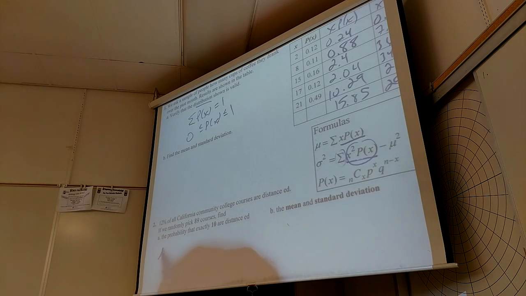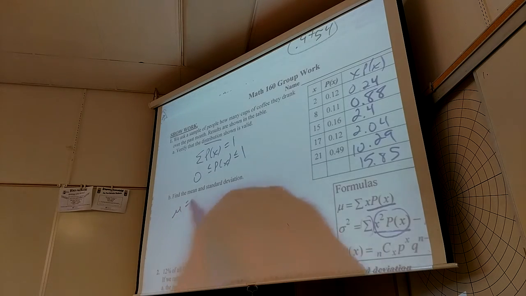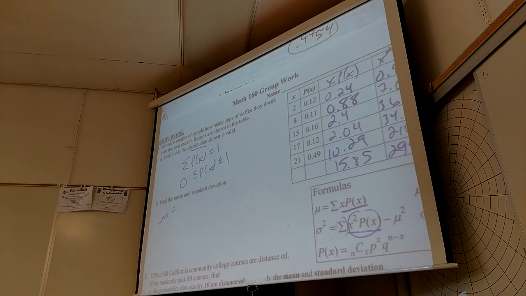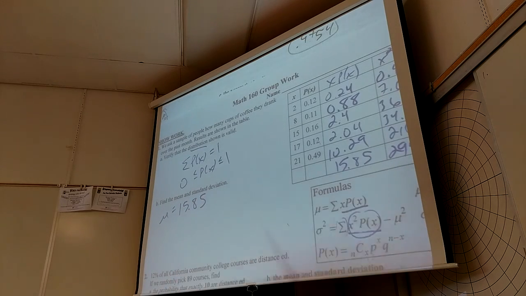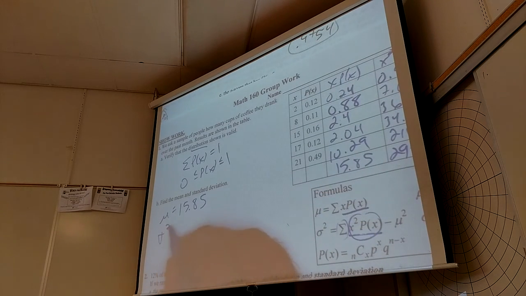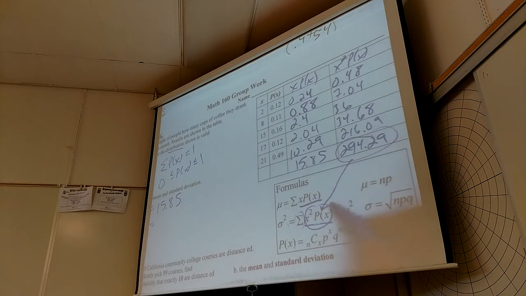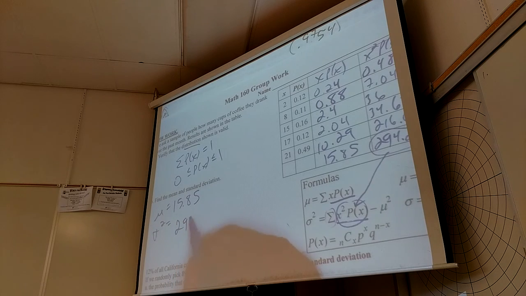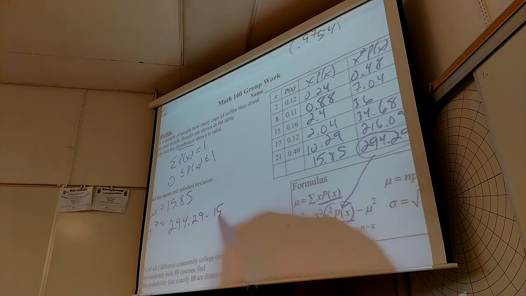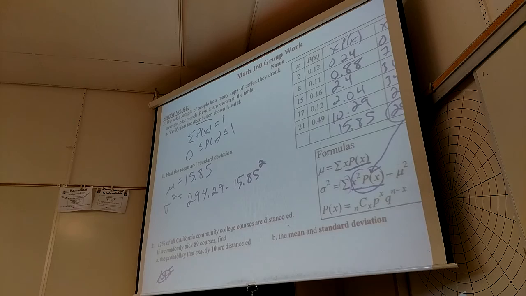So the mean, I already have the mean staring me in the face. What's the mean? Yeah, here it is. 15.85. That's the sum of these. And then the variance is going to be this guy. That's the sum of x squared p of x. So that goes right there. What was it? 2.9. Minus the mean squared, 15.85 squared.